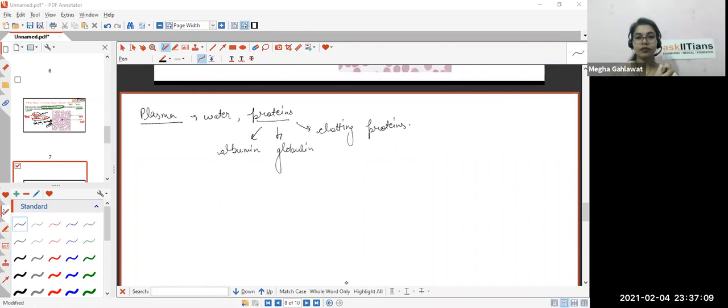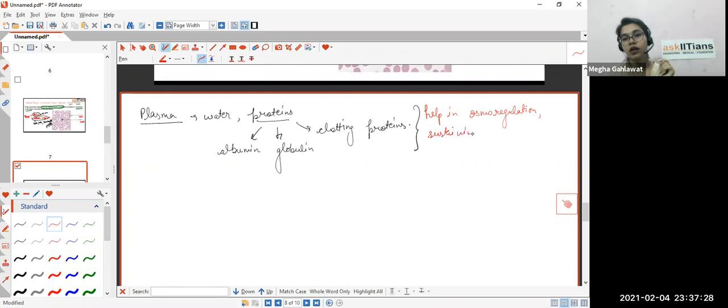And so their collective function is, what am I going to write here? They help in osmoregulation. Osmoregulation is what? Controlling the amount of salt and water in your body. Second, they help in sustaining antibodies, which help in fighting infections, by the way.